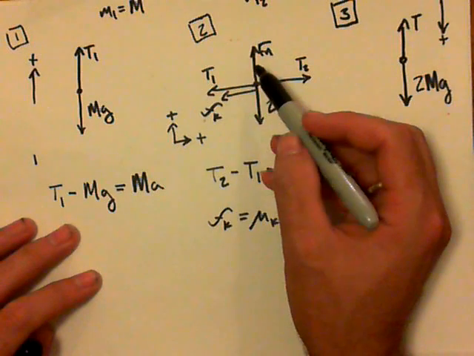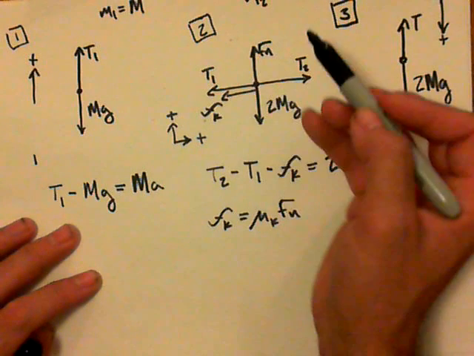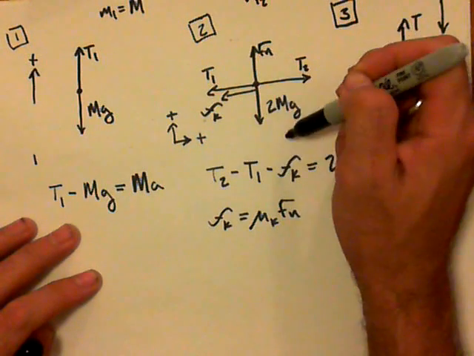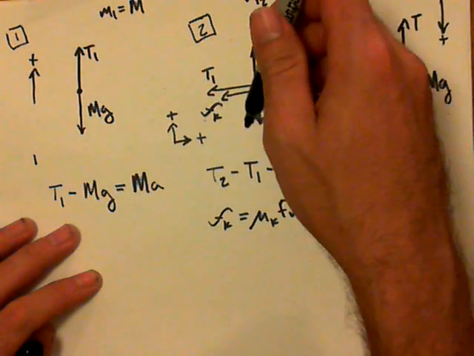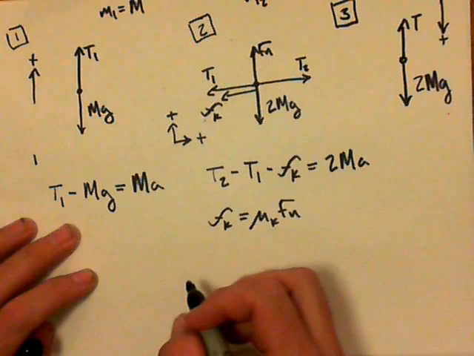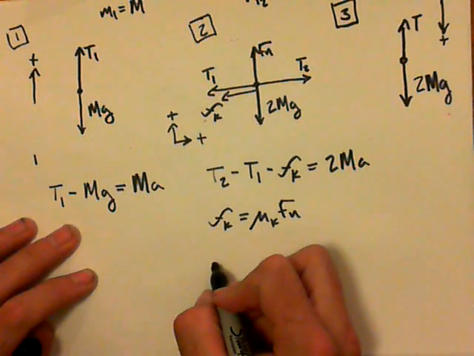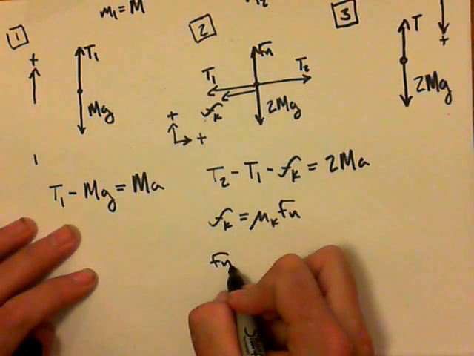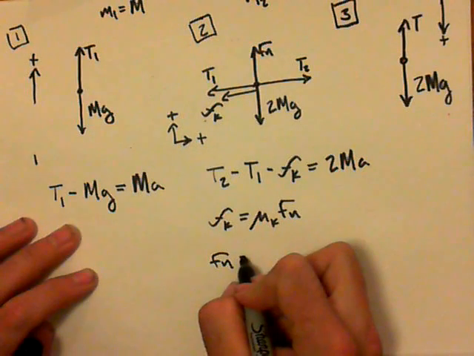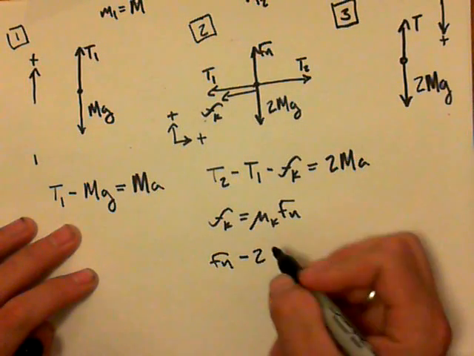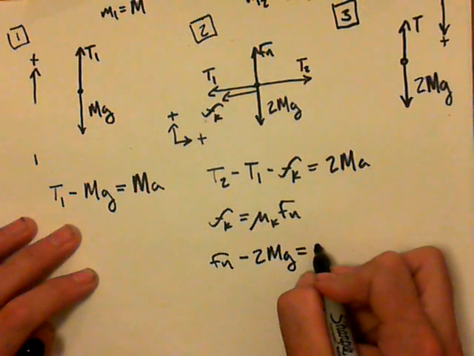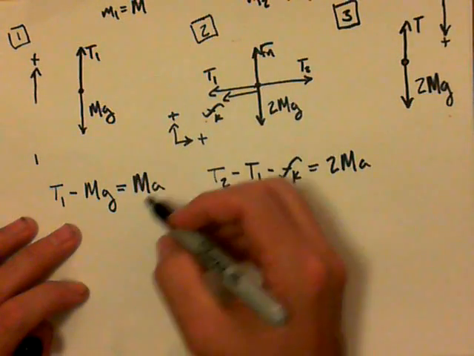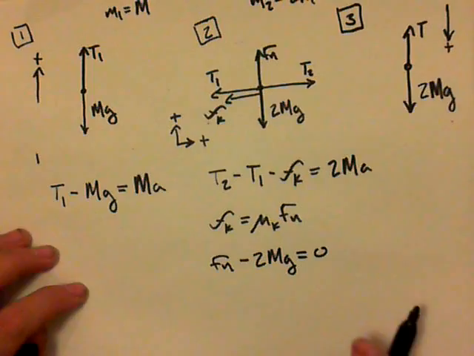So the normal force is pulling up and this is pulling down, and we're going to say that it's stationary because it's not going through the table. So we're going to say normal force minus gravity equals 0. Alright, so these are all equations for block 2.